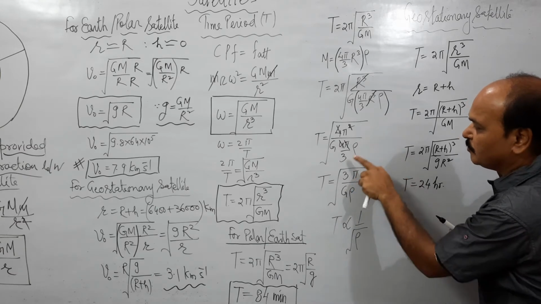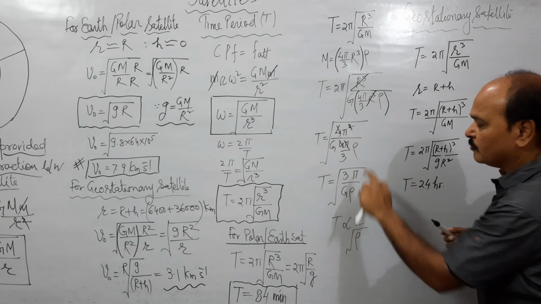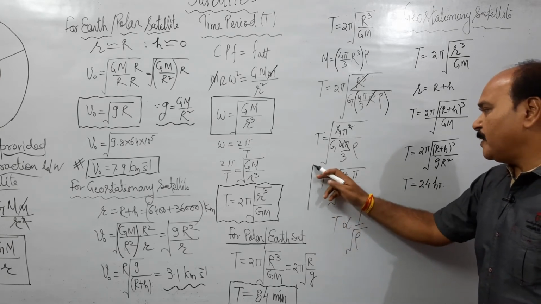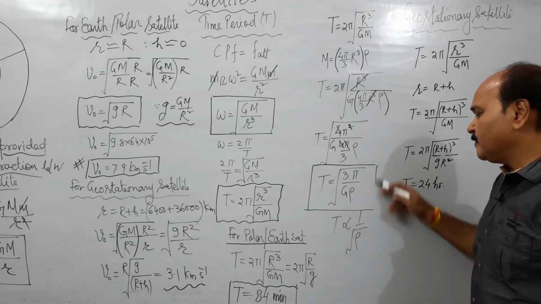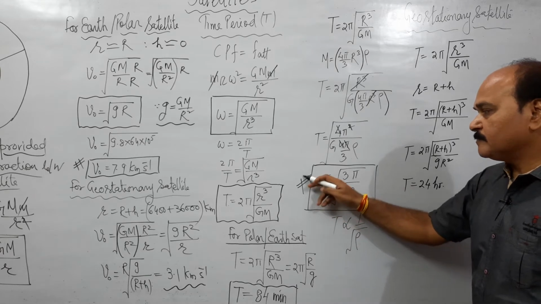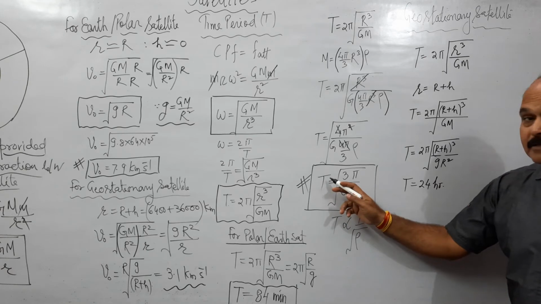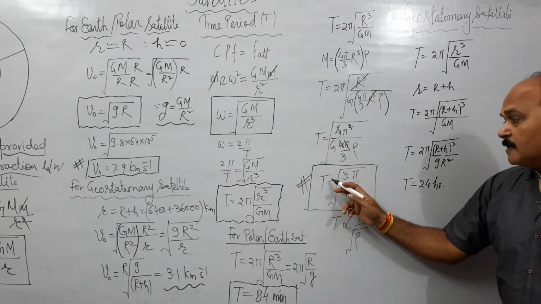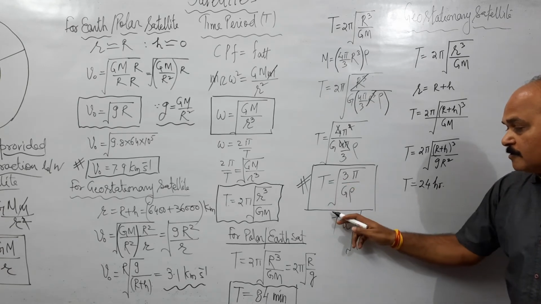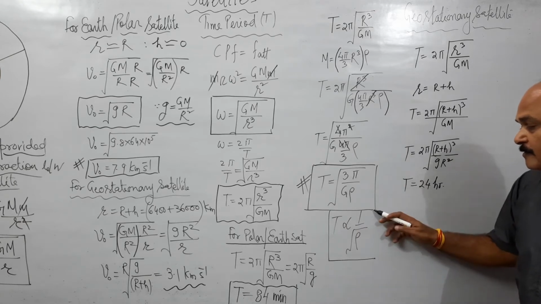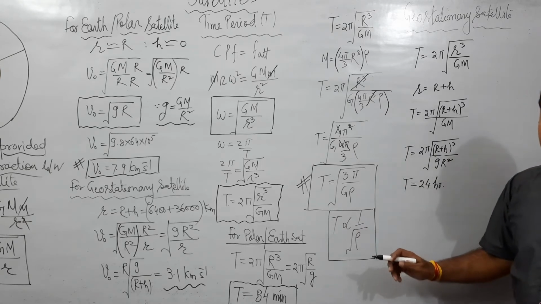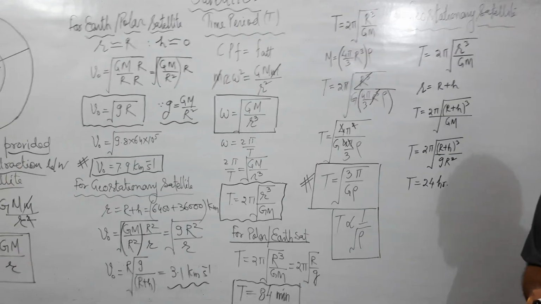So what do we get in the numerator? 3 pi upon G rho. The time period is the square root of 3 pi upon G rho. This is a very, very important formula. And we can see here that the time period of a polar satellite is inversely proportional to the square root of the density of the material of the planet.